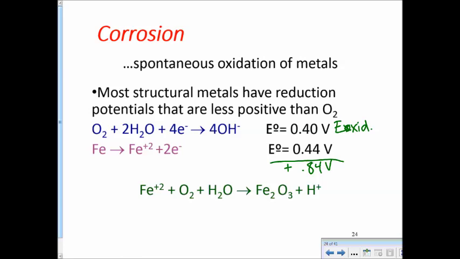Lots of structures are made from steel, and we wouldn't want the breakdown of those structural materials. We don't want the buildings falling down on us. Or other things like cars and boats that are structurally made of these metals. So this is big business here, preventing corrosion, and methods of how we can prevent corrosion.